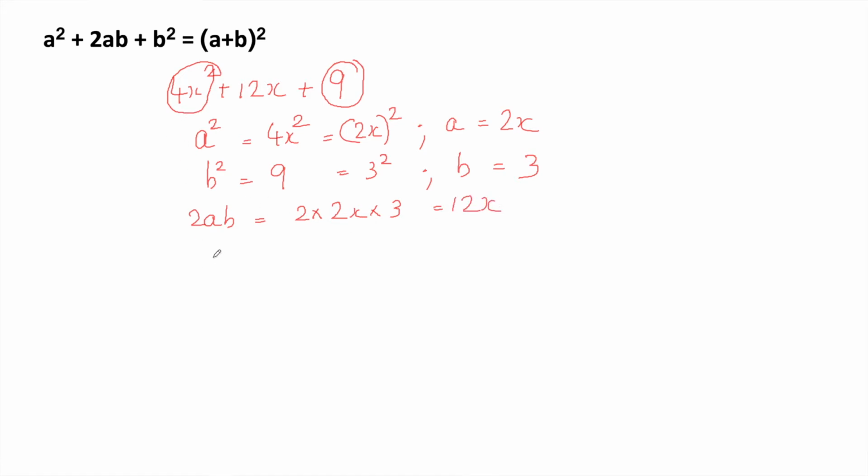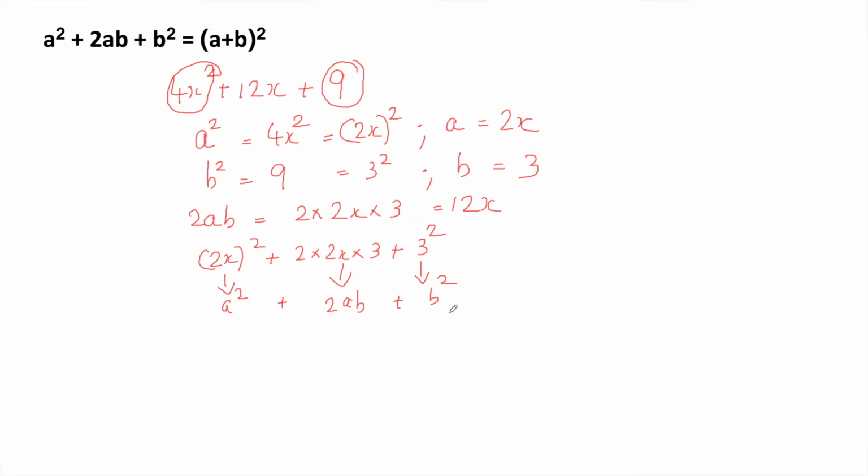So this is in the form of (2x) the whole square plus 2 into 2x into 3 plus 3 square. That means a square plus 2ab plus b square.